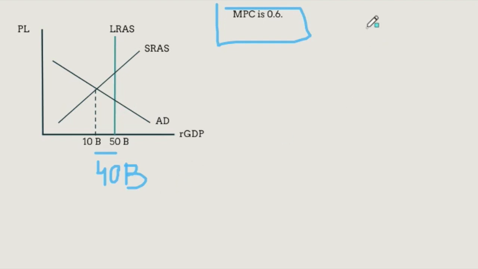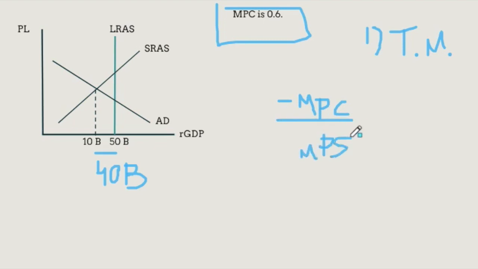The first thing we need to do for this question is to calculate the tax multiplier. In order to do that, we use the formula. The formula was negative MPC divided by MPS. We're already given the MPC, so negative MPC is going to be negative 0.6.